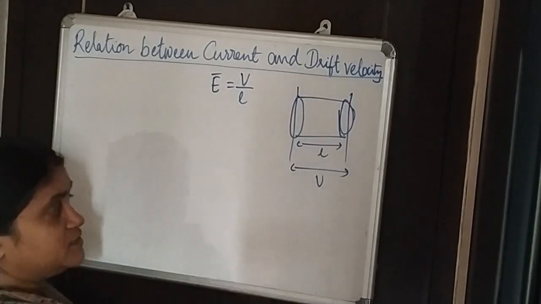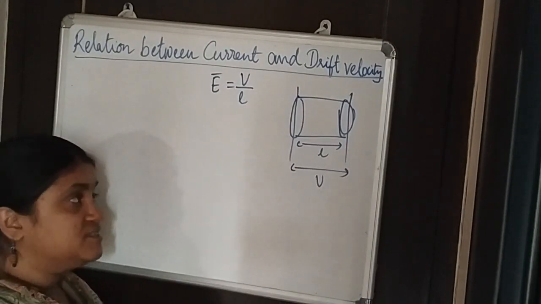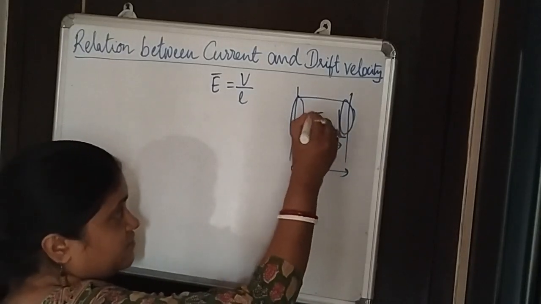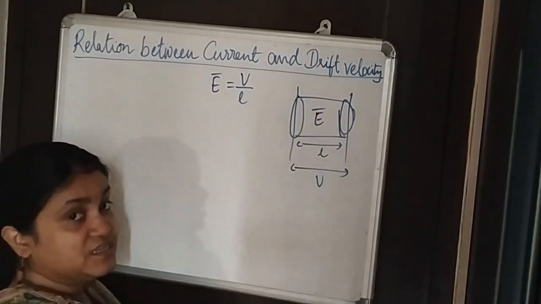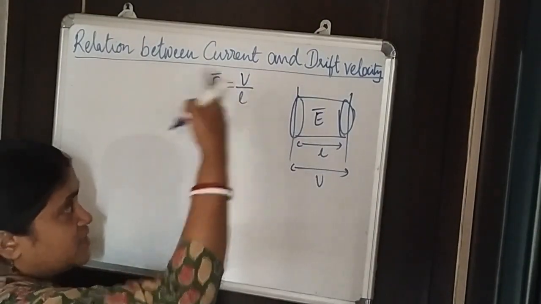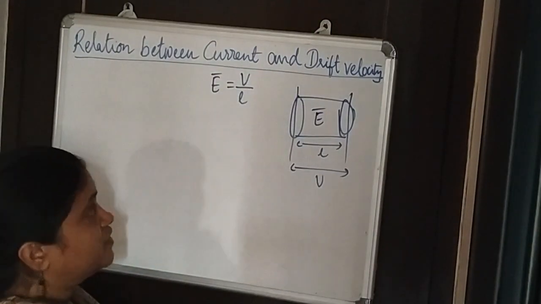Due to this potential difference V, an internal electric field is set up, and this electric field E is V by L.